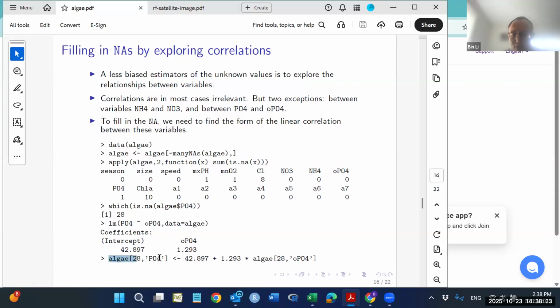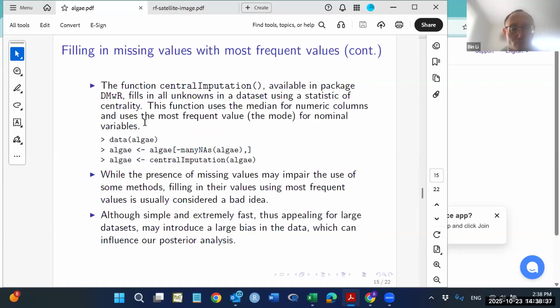That can be used as our guess for the PO4 reading for that observation. Is that clear? So that is another way to impute the missing value.